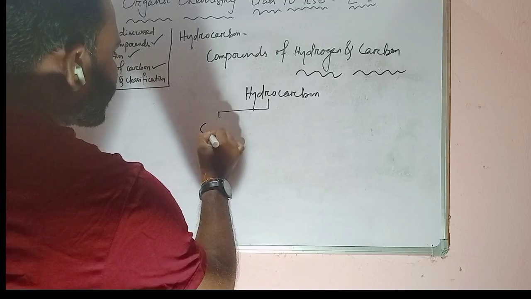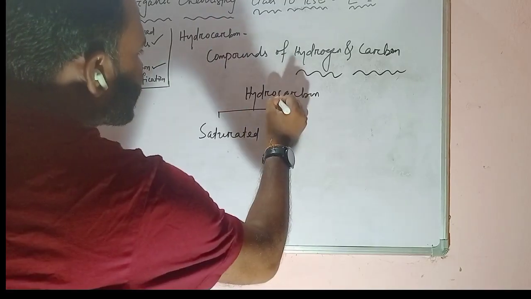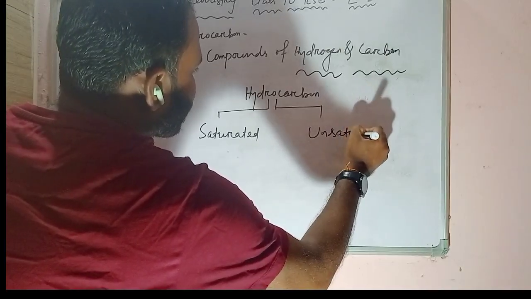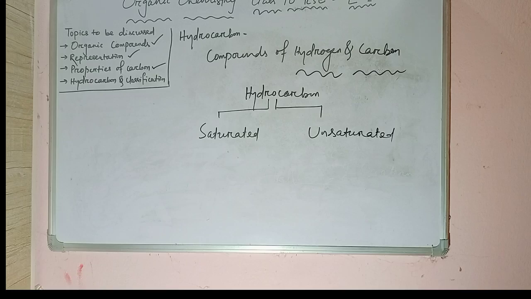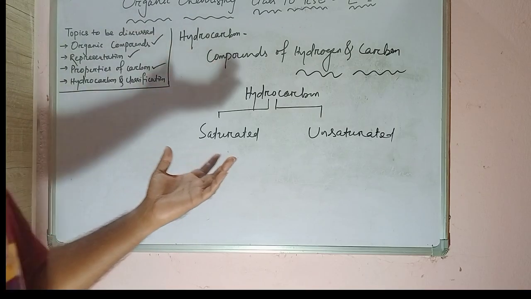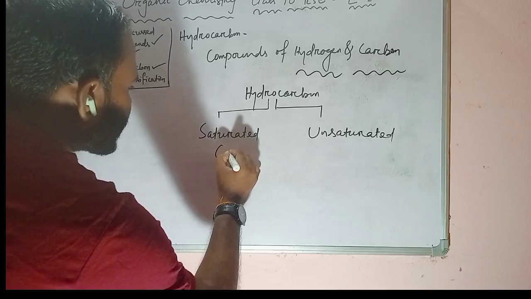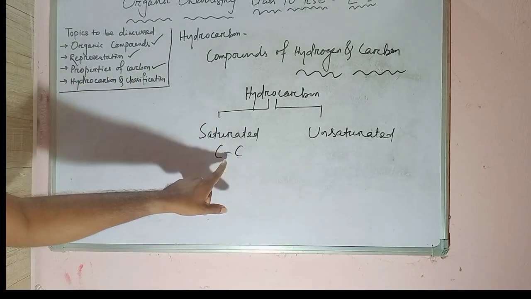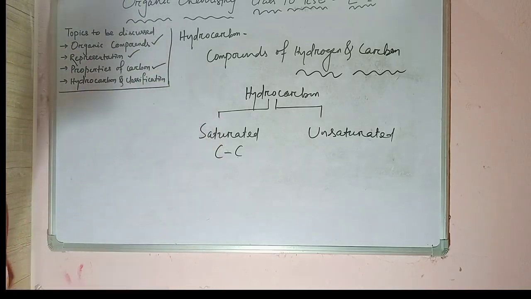One is saturated hydrocarbon, another one is unsaturated hydrocarbon. Saturated is what? The presence of a single bond between carbon and carbon is known as saturated hydrocarbon.